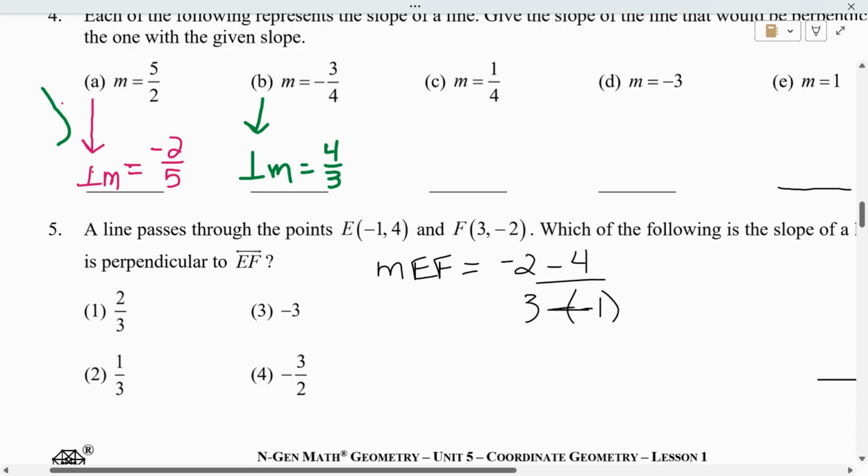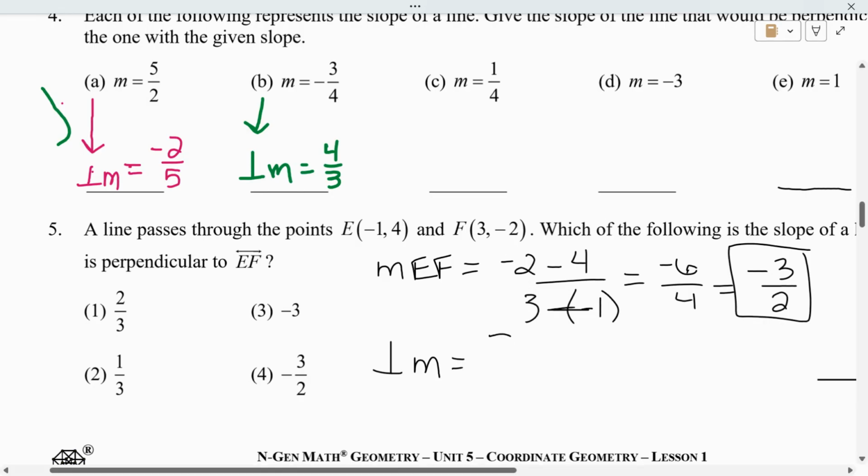Minus a negative turns into a great big plus. So I end up with negative 6 over 4, which reduces to negative 3 over 2. So the perpendicular slope would first be the opposite, so it's going to be a positive. And then the reciprocal of 3 over 2 is 2 over 3. So we're looking for a line that has a slope of 2/3.